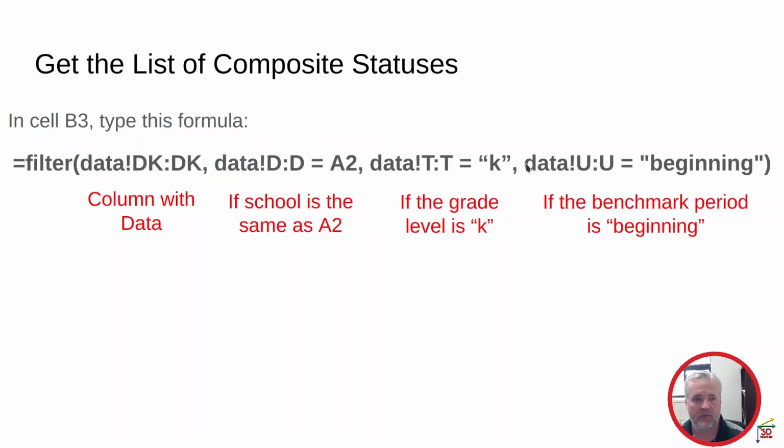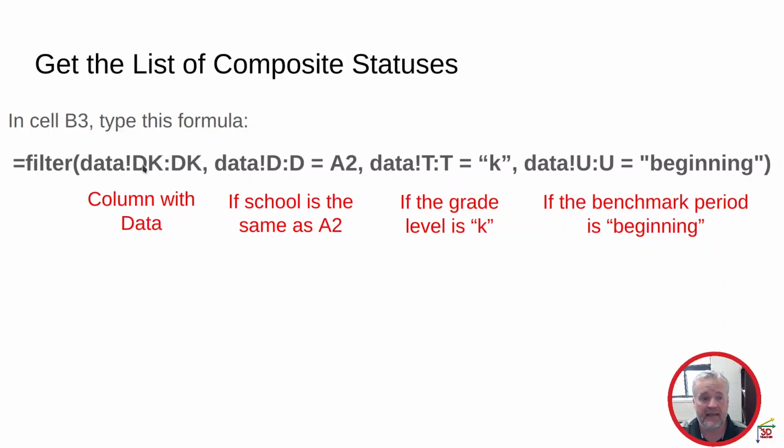Then the next thing we're going to do is in cell B3, which should be right next to the first school name, type this formula. It's just a big FILTER formula. So equals FILTER. The first column that you put into this filter formula is the column with the data that you want.